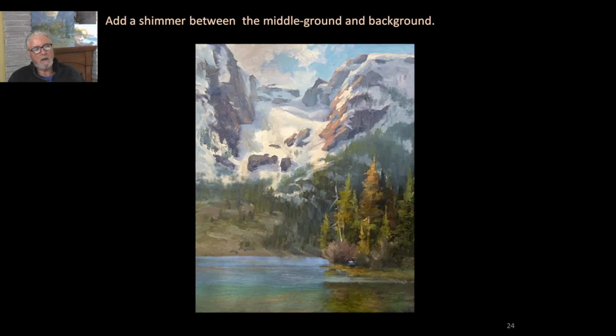Okay, this is one of the problems that we have as artists: how do I convince viewers that they're looking into yards and yards of information, even miles sometimes, way out into the distance? How do I convince the viewer of that when it's a two-dimensional surface? So one technique is, you've got the foreground over here. These trees would be the middle ground, and all this would be the background.